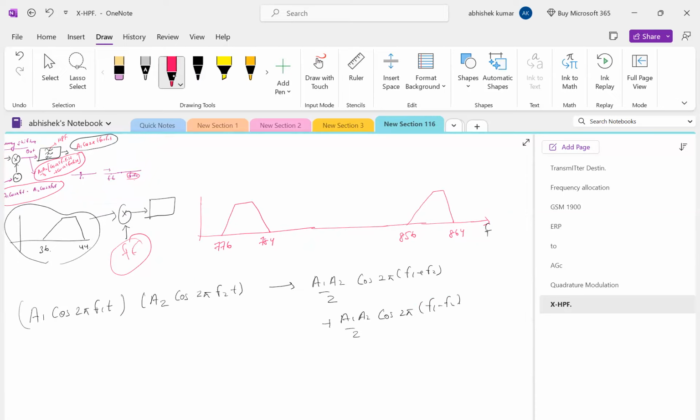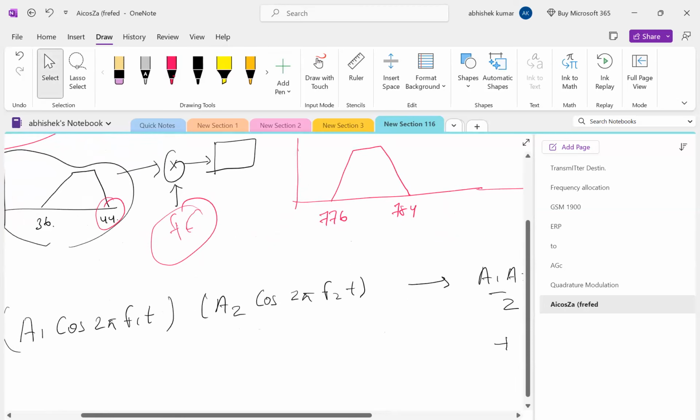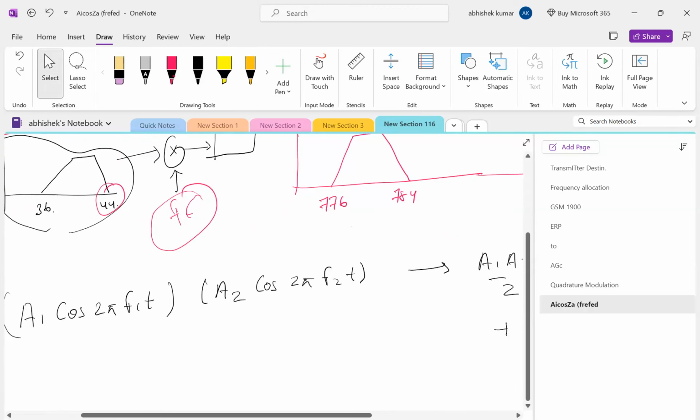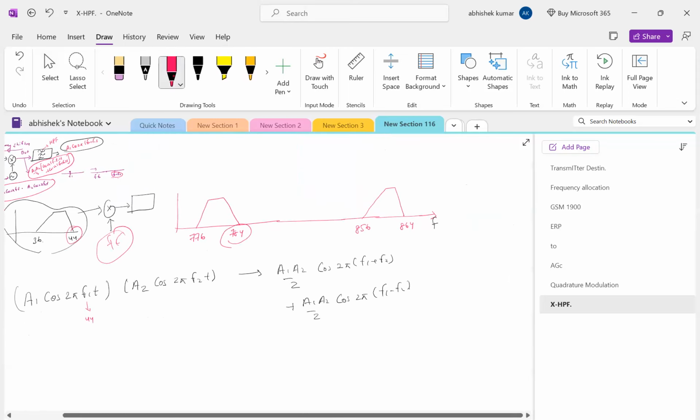Now just pick one frequency component here, 44. If this is 44, f1, and here I am getting the highest component as 864 and this as 784.